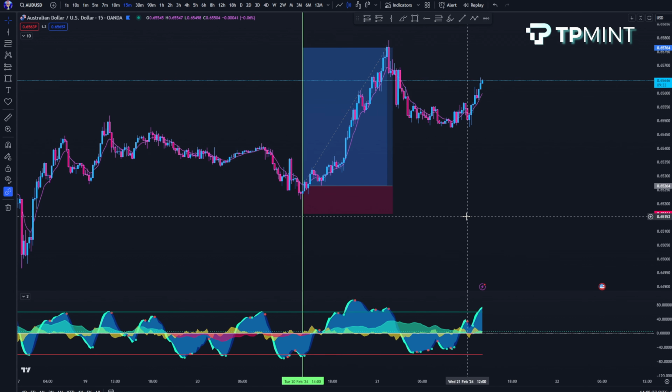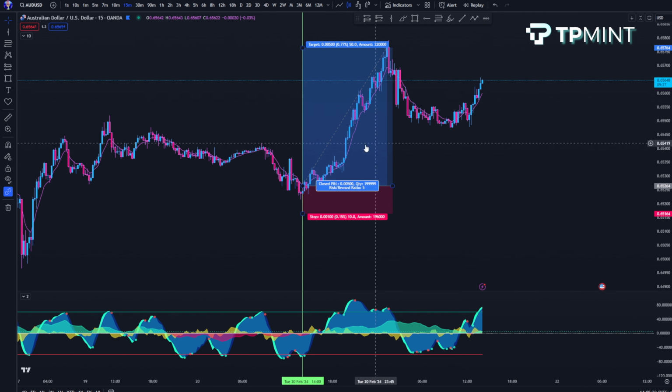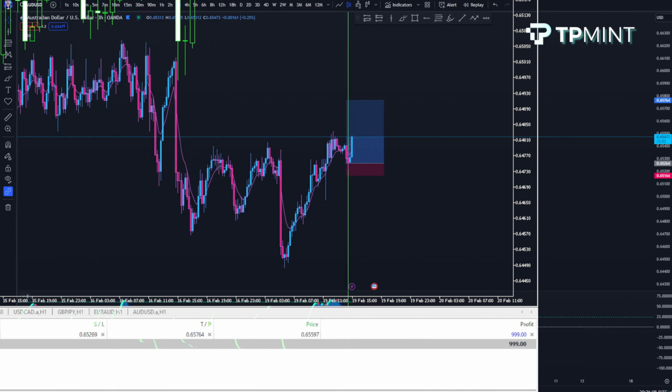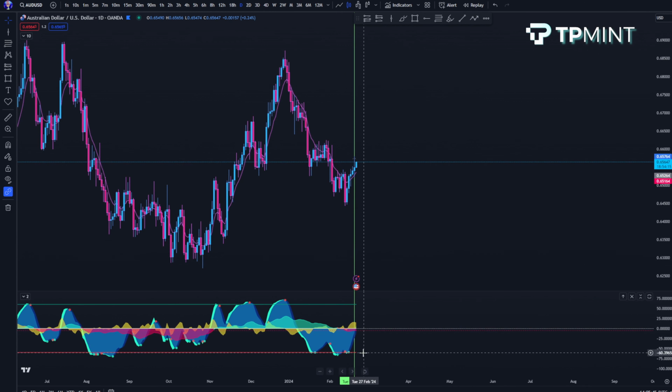And now I'm just going to go back and break everything down based on the call that I put out on Sunday, just so you can see how we got this and how I was thinking about it back over the weekend when I was planning for this position to take place. So in the Discord, you could see that I was saying that the daily wave was coming back from the oversold level.